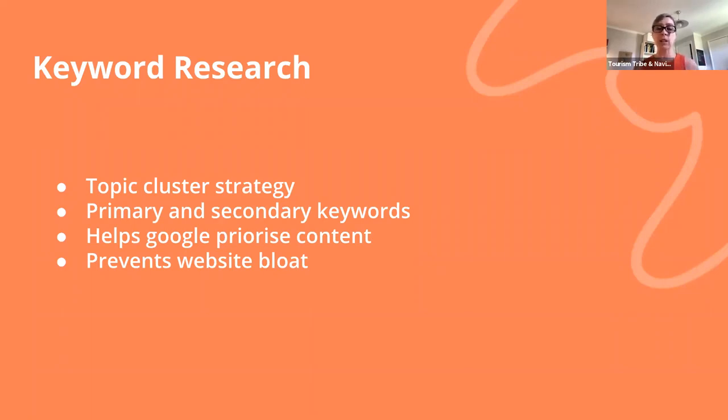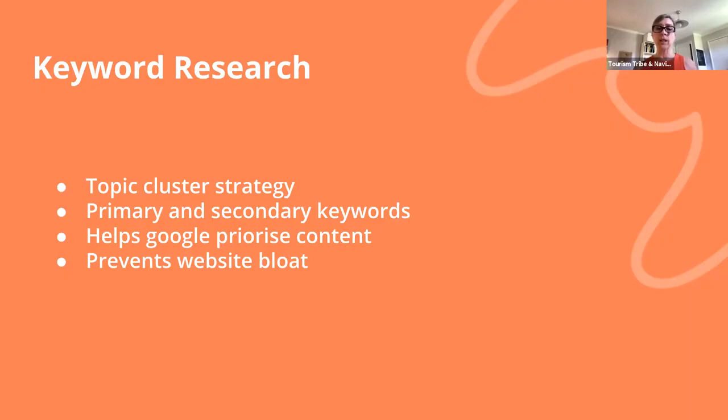They will either link to blog topics or blogs that you've created using those secondary keywords, or it could be another internal page in your website. So what we're achieving here is interlinking pages throughout the website.